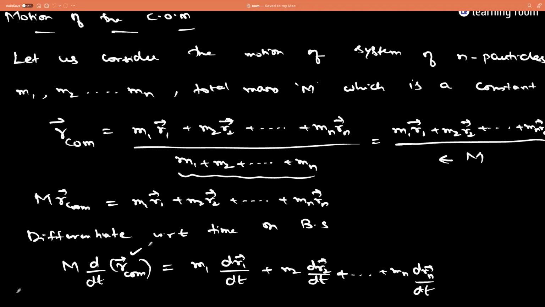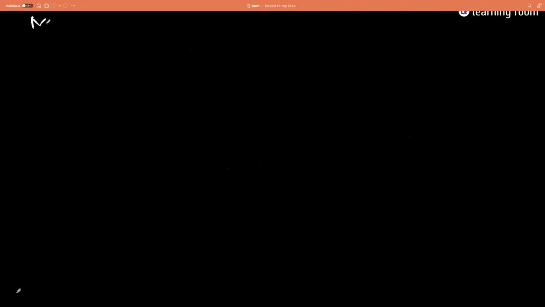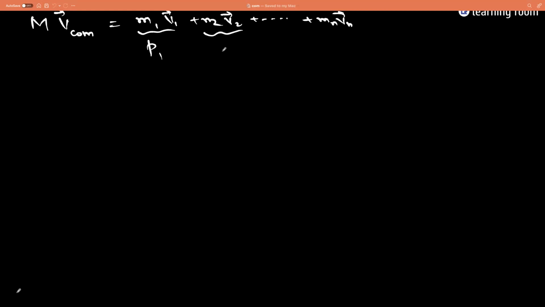So here it will be capital M into velocity vector of the center of mass is equal to m1 v1 vector plus m2 v2 vector plus so on till mn vn vector, where m1 v1 vector is the linear momentum of the first particle, m2 v2 vector is the linear momentum of the second particle, so on till mn vn, which is the linear momentum of the nth particle.